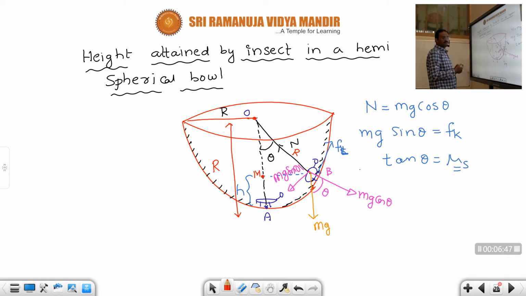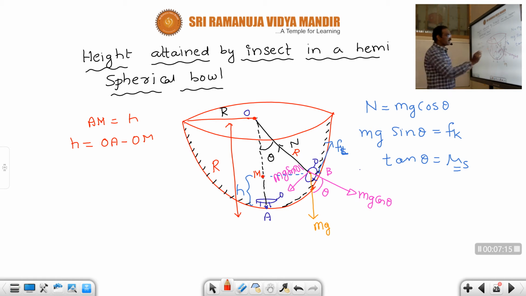AM is the height raised. That means from the figure, AM is equal to the height h. Now h is equal to AO, meaning OA, minus OM. Then OMB is a right angle triangle.